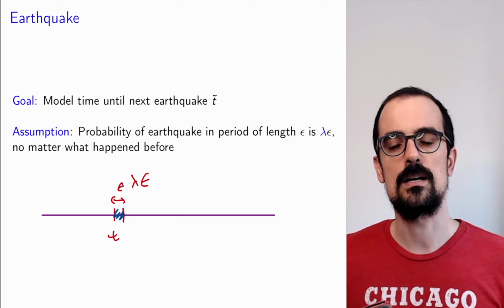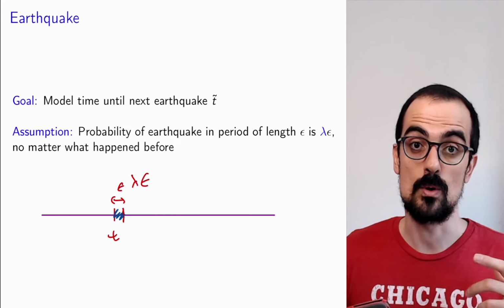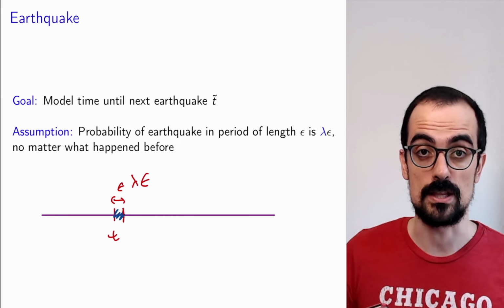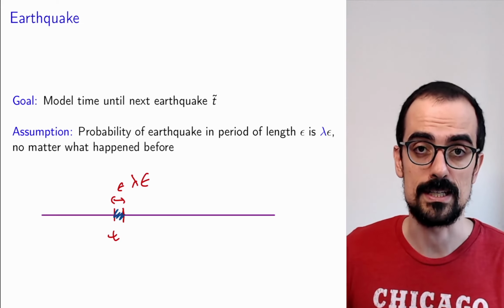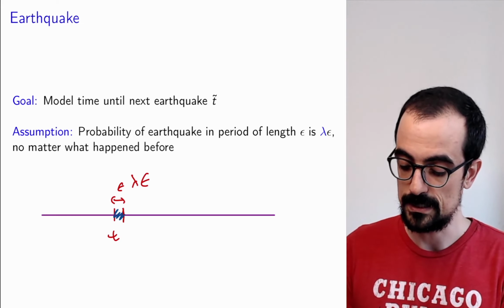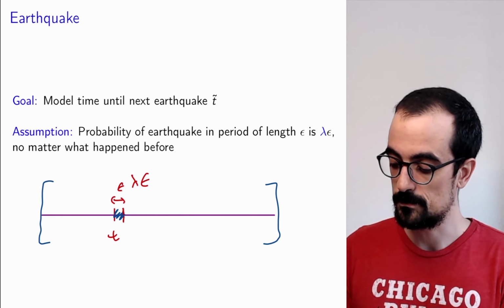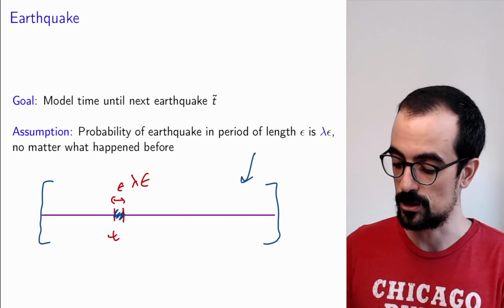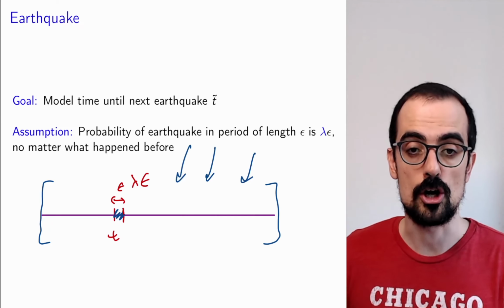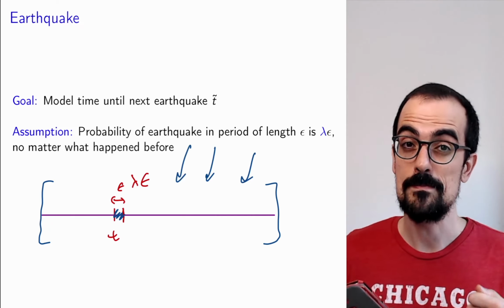This might ring a bell. When we derived the Poisson random variable, we also used earthquakes as an example. And what we said is that we were considering a certain interval, maybe a year. We're interested in the probability that a certain number of earthquakes would occur within a year. And we made the same assumption.